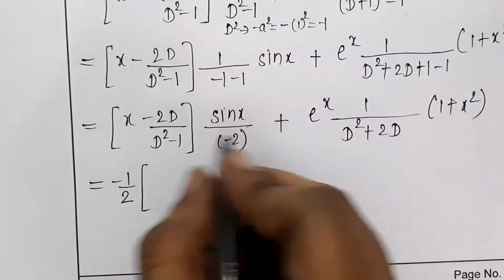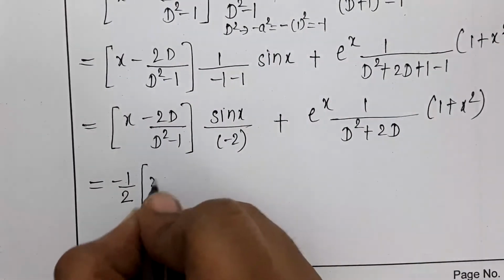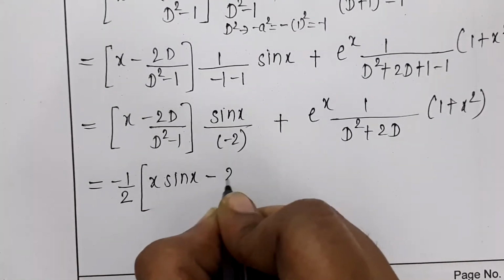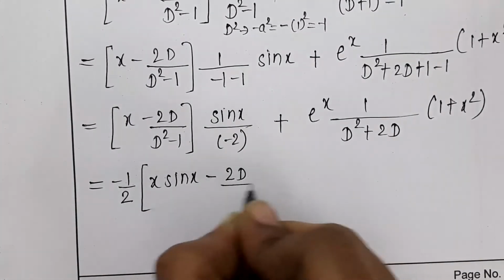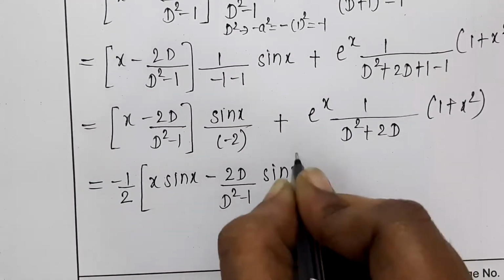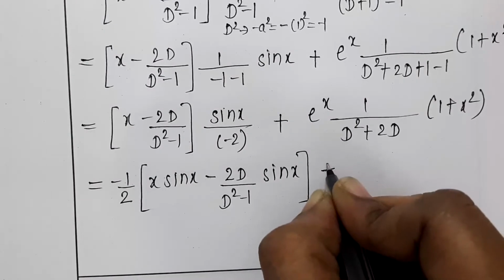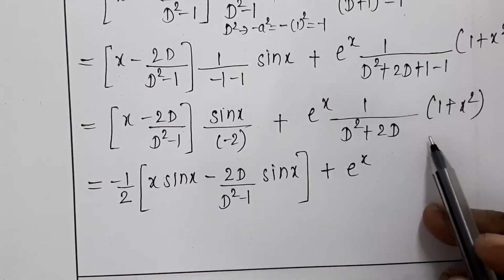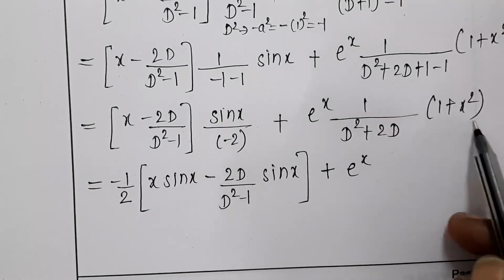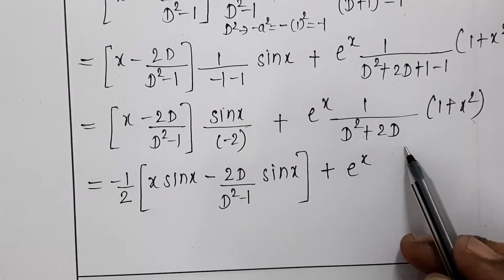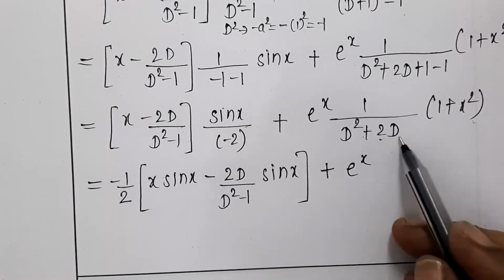Now multiply this bracket by sin x, so it is x into sin x minus 2d divided by d square minus 1 multiplied by sin x, plus e to the power x outside. Now we have to use the polynomial case. What is the polynomial case? Taking the lowest degree term of d outside. Here the lowest degree term is 2d.